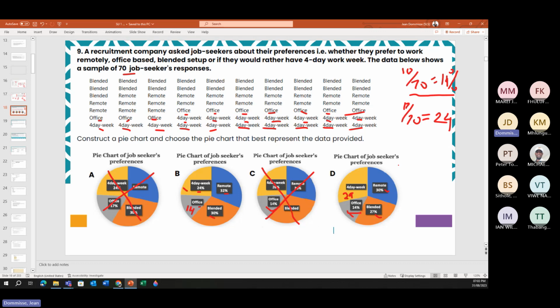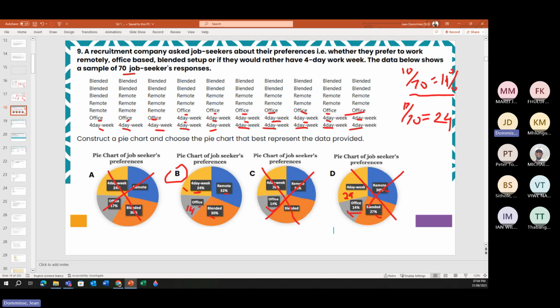And we know the 4-day week needs to be 24. So I eliminated that one, and our correct answer is option B. So just by looking at two, we didn't need to work out all of them. We could get to the answer that you were looking for.